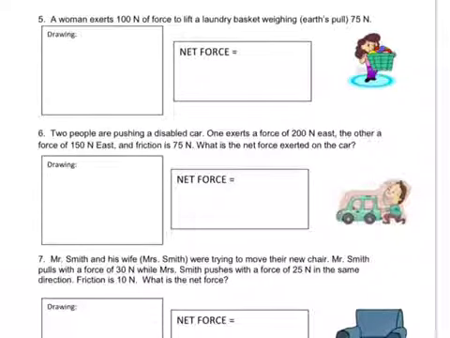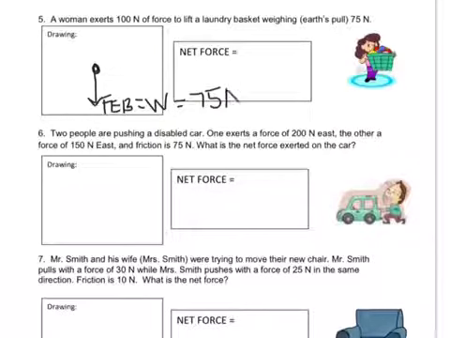For number five, a woman exerts 100 newtons of force to lift a laundry basket weighing 75 newtons. So in this case, we have Earth pulling down, Earth on the basket, and that's the same thing as weight, and that's telling us it's 75 newtons.